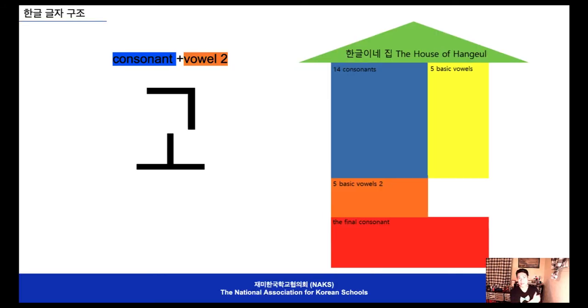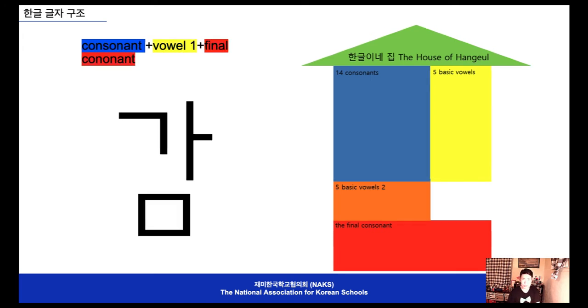Can you read this? Go. Yes. Can you read this one? It means a persimmon in Korean. So when you look at the alphabet chart, G sound, A sound, M sound.